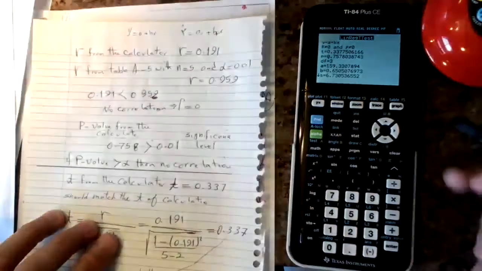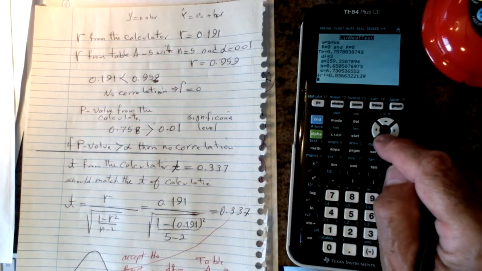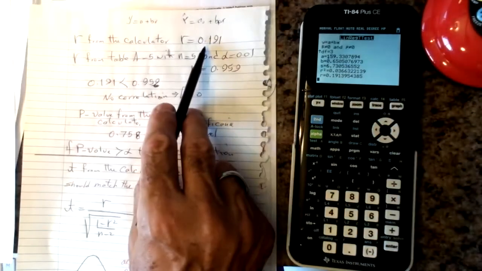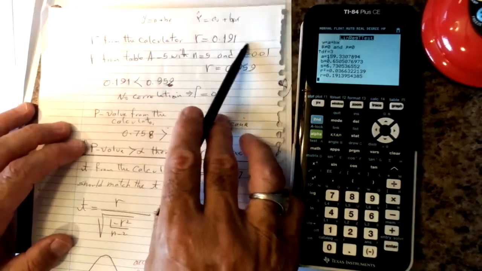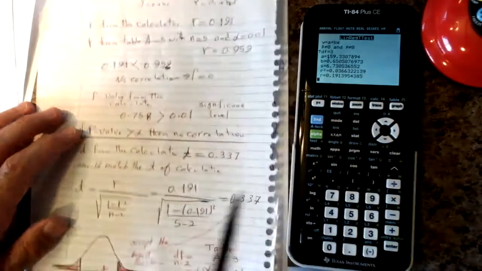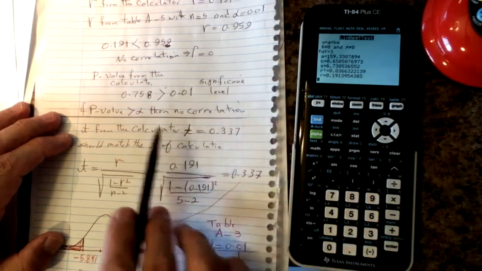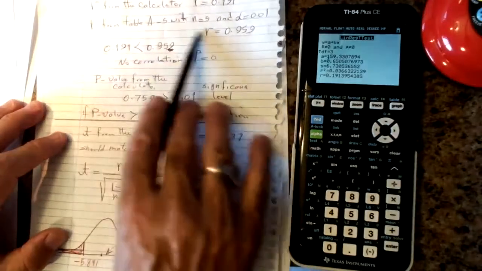Okay, it's the same thing. So we don't need A and B. Why? Because the calculator will give you the R value. R value is 0.191. So R from the calculator is 0.191. Okay, and T is 0.337. And P value is that. So these are the numbers that you extract from the calculator.